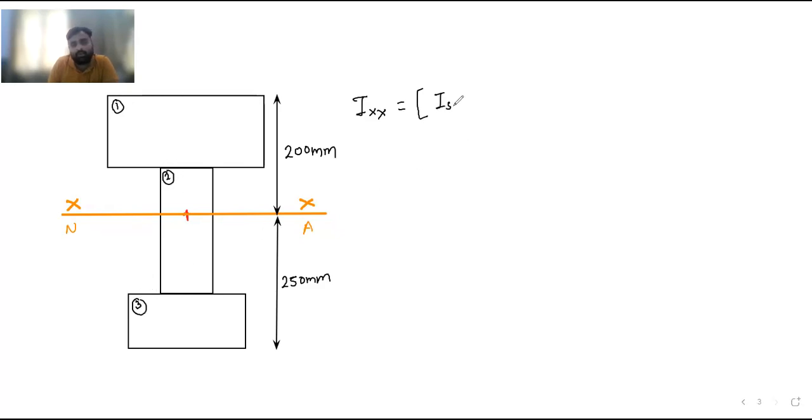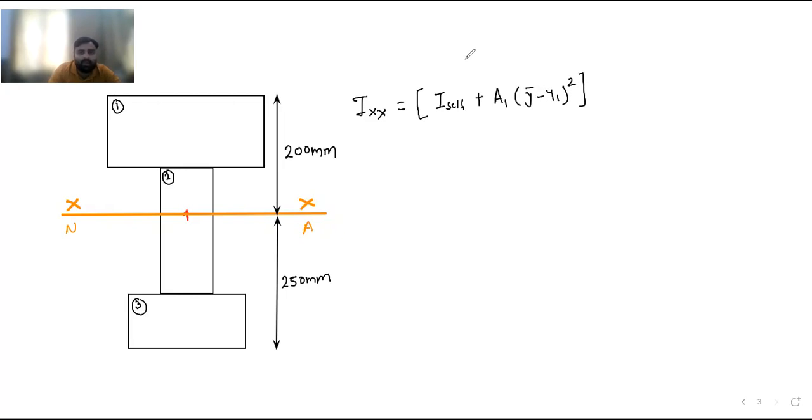So for a single figure, the formula is I self plus A1 (y bar minus y1) square. Okay, this is the formula, because this figure is not symmetric and you have to calculate the Ixx by using the parallel axis theorem.